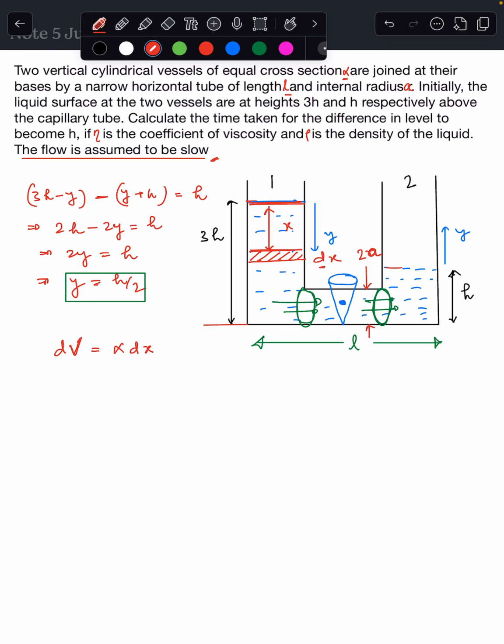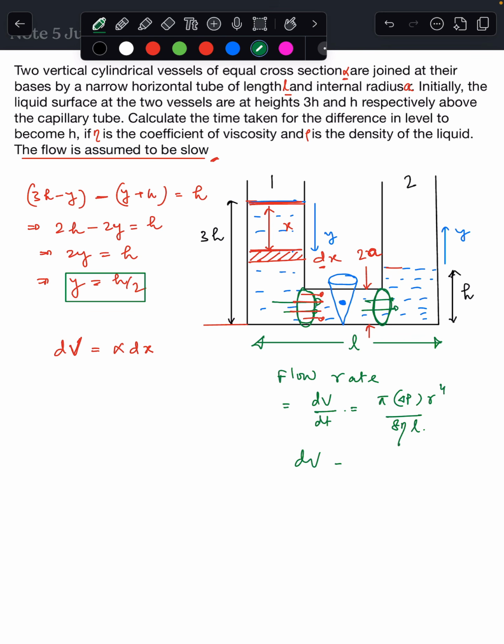And the same volume of liquid is passing over here, in time dt. So we know that the flow rate is equal to dV by dt. What is the equation of the flow rate? The flow rate equation we get is pi delta P a to the power 4 by 8 eta L. That is Poiseuille's equation from where we get this.